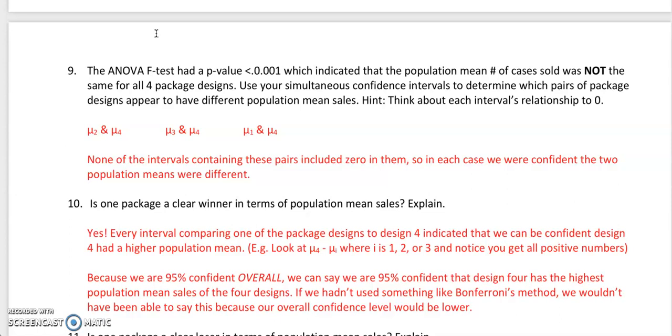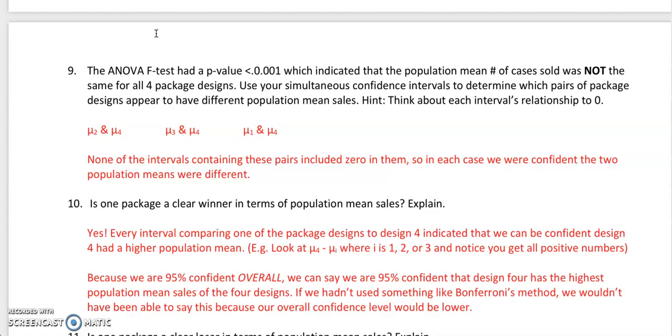And this is the part where we finally see why it's important that we made that Bonferroni's method correction earlier. Basically the idea that we made our individual intervals higher than 95% confident. Because at this point, because these are simultaneous 95% confidence intervals, I can be 95% confident that design 4 has the highest population mean sales of my 4 designs.